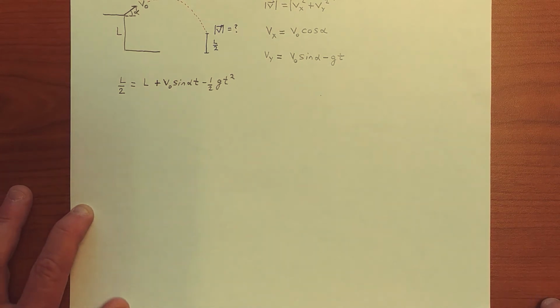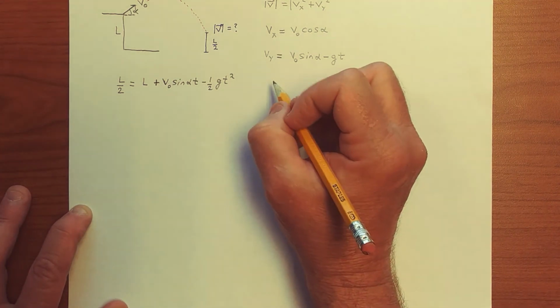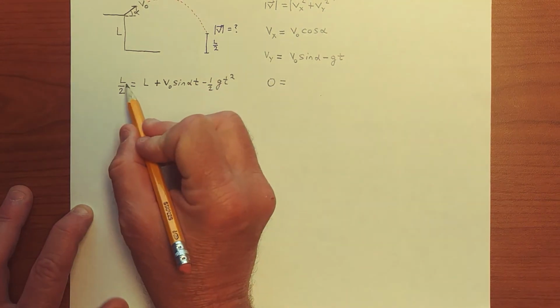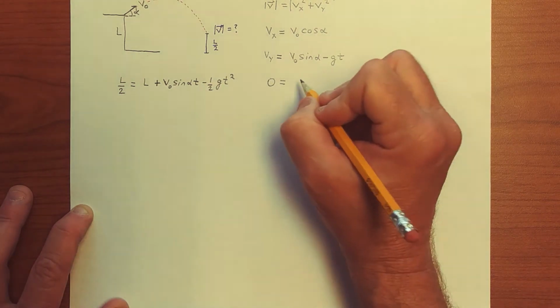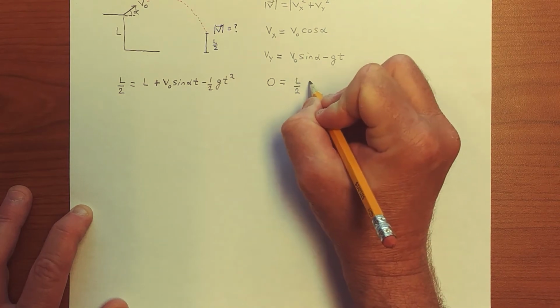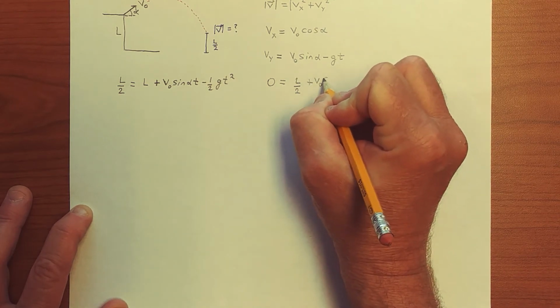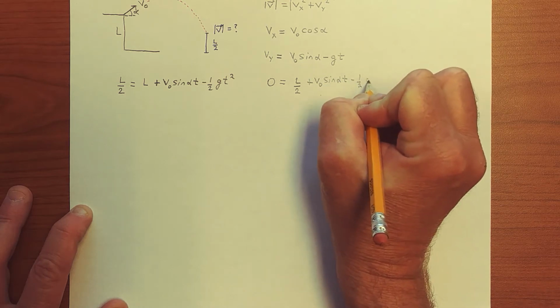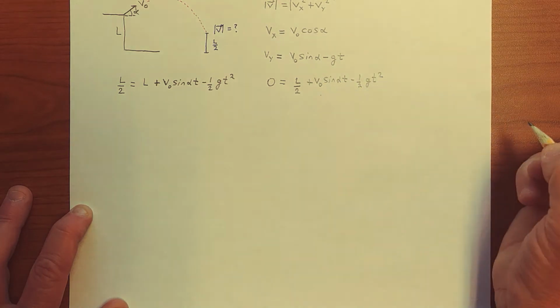So we see that we have a quadratic equation, but let's write this so that we can combine the distances. We will subtract L over 2 here, and so we'll get L over 2 here plus V naught sine alpha t minus 1/2 g t squared.